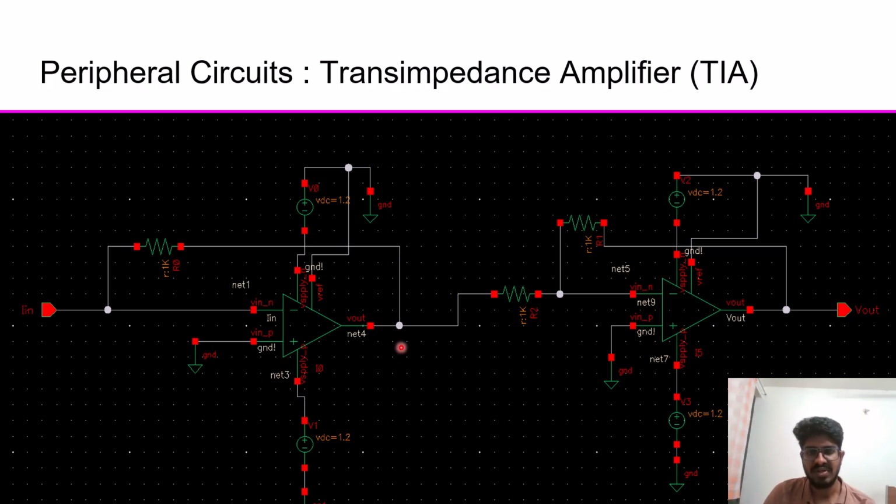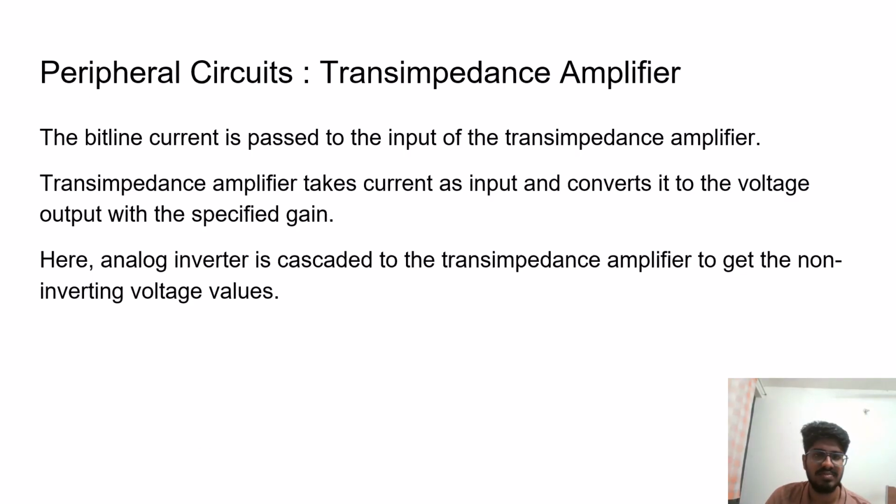At this point, we will get negative voltages. By cascading this inverting amplifier, we can get the non-inverting or positive values at the output. So this is the complete circuit for the transimpedance amplifier plus the cascaded analog inverter.